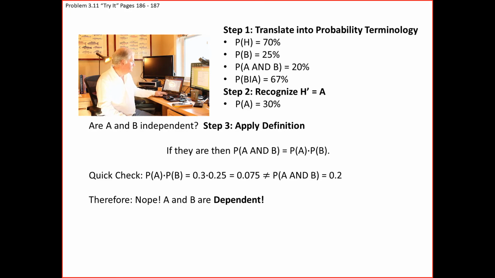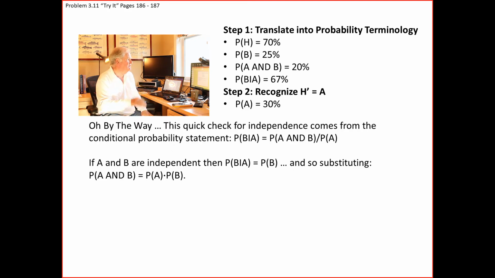Now, before that begins to sound like magic, remember where that relationship came from. It came from the conditional probability statement, which says that the probability of B given A is the probability of A and B divided by the probability of A. You know that in a counting sense from the male, female, left-handed, right-handed example we did.